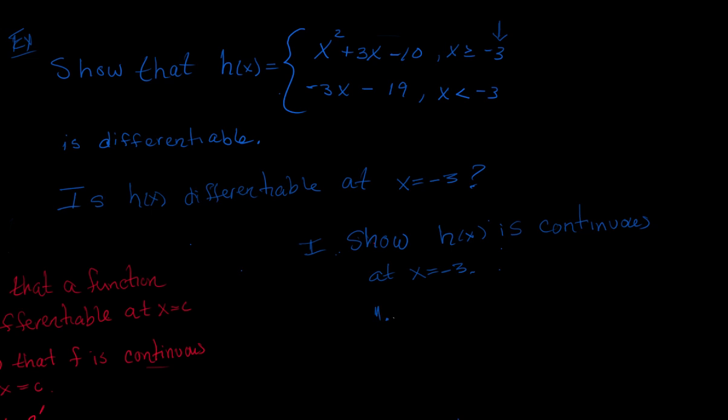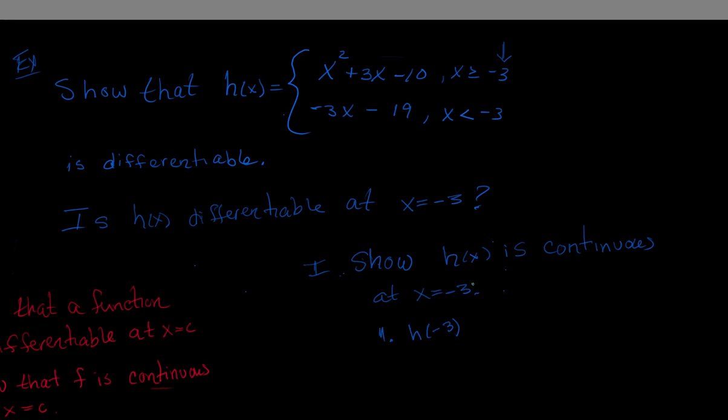First step for this is we need to show that h of -3 is defined. If x equals -3, go back to the piecewise defined function. If x equals -3, then we're using this first rule, since it says that this is the rule to use when x is greater than or equal to negative 3.